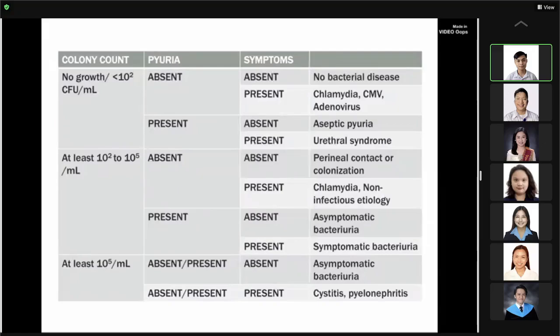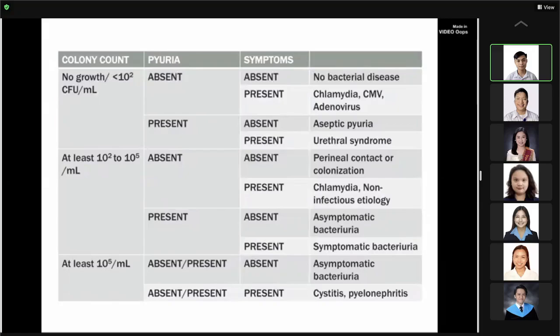If the patient is symptomatic, it could be non-infectious in nature, or if it's infectious, it can be a case of chlamydial infection. If there is pyuria with no symptom, it's asymptomatic bacteriuria. If the patient is symptomatic, then it's asymptomatic bacteriuria.